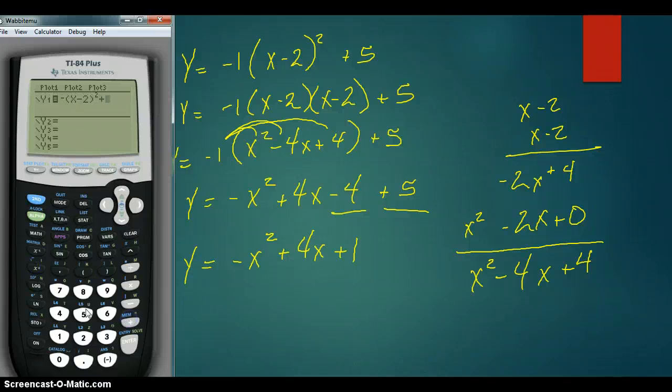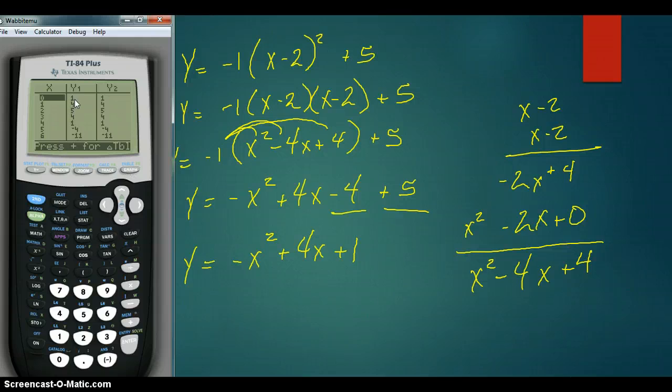Plus 5. And then let's put the standard form, negative x squared plus 4x plus 1. And let's compare a table of points.